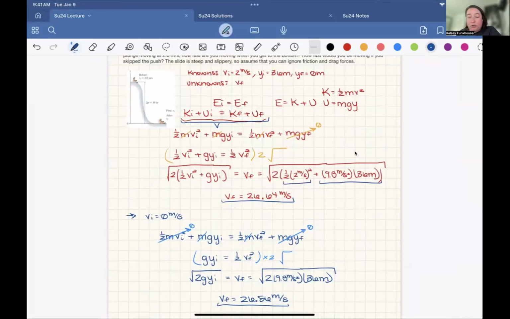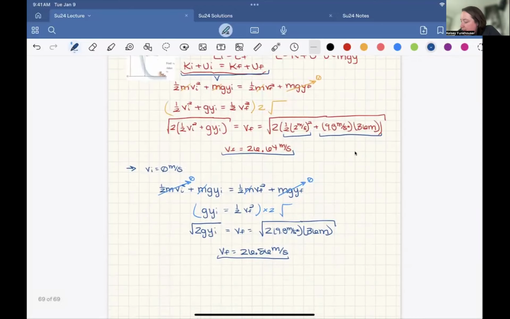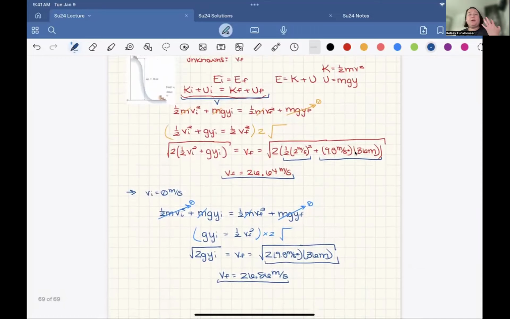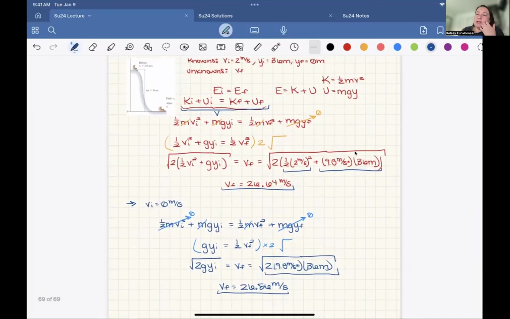The initial velocity term is just going to be 2, because 2 squared is 4, divided by 2. 9.8 times 36 is pretty big, so that term is way bigger than whatever your initial velocity is going to give you, and that is all that is included in this other one. So it makes sense that they're very similar. Maybe if you were able to give yourself a really big initial velocity, it might matter, but not in this case.